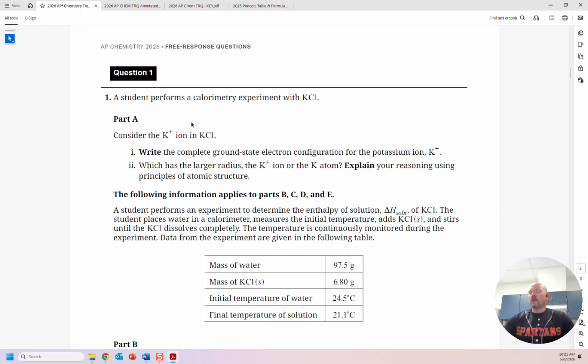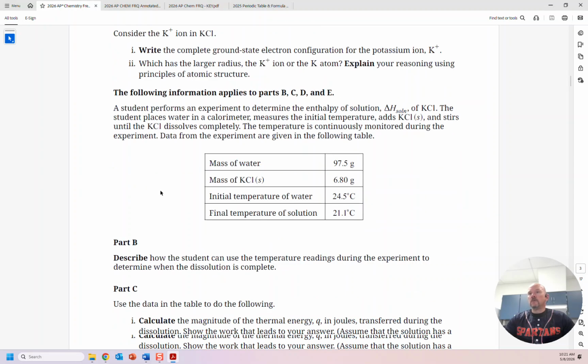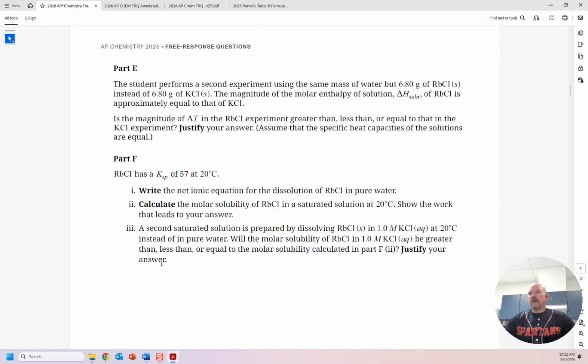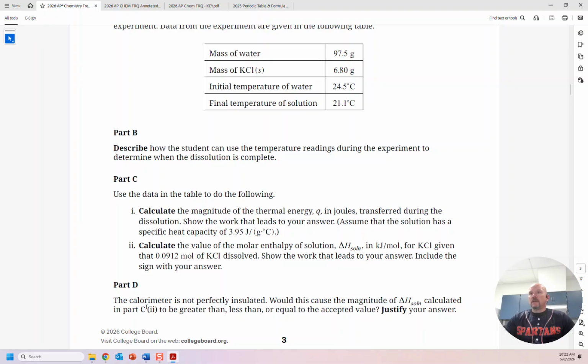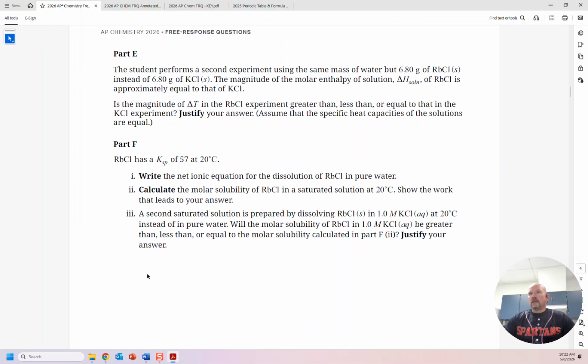So for question one, first thing, and again, you don't need to do this while you're taking the test, we know question one is worth 10 points. And if we count the number of prompts, we'll see that there's 10 different prompts. Part A has 2, so 1, 2, 3, 4, 5, 6 for D, 7, 8, 9, 10, right?